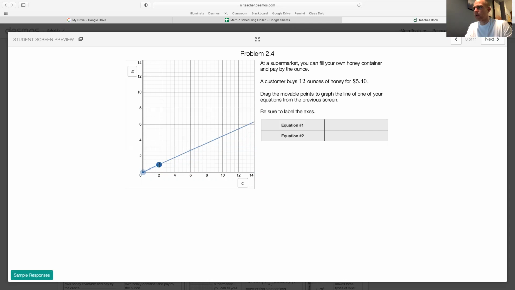And so I know that based on my equation from previously, the amount of honey you can get equals 45 cents times however much, nope, that's wrong. Sorry, I mixed that up. The cost is gonna equal 45 cents times however many ounces of honey you get.